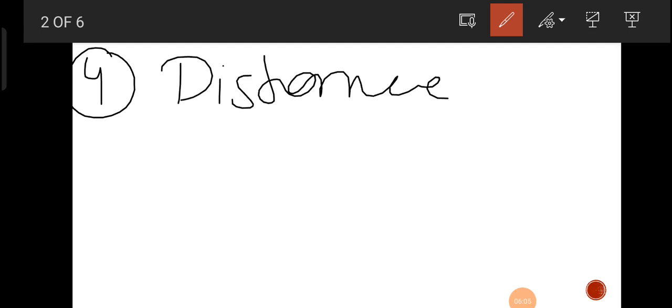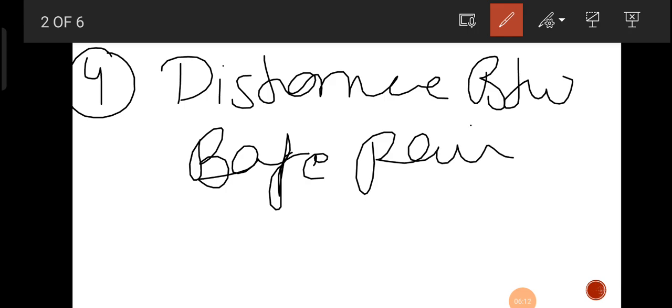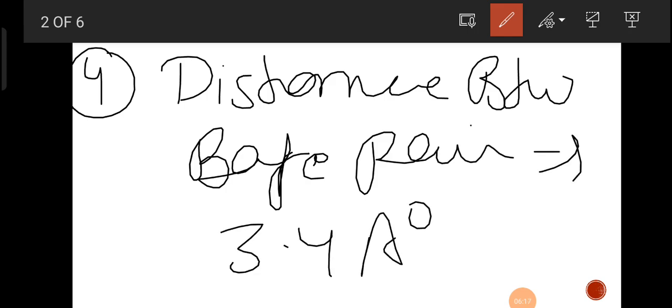Okay, moving to the fourth feature of DNA, that is the distance between base pairs. This is fixed, that is 3.4 angstrom or 0.34 nanometer.